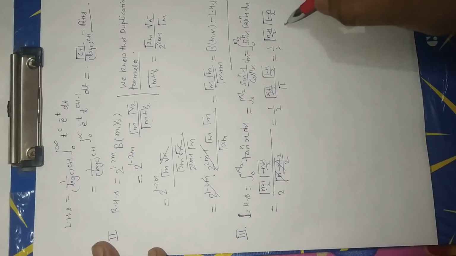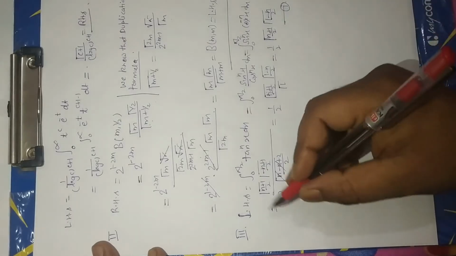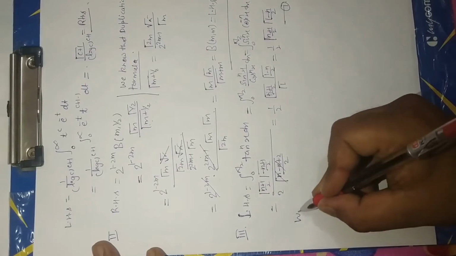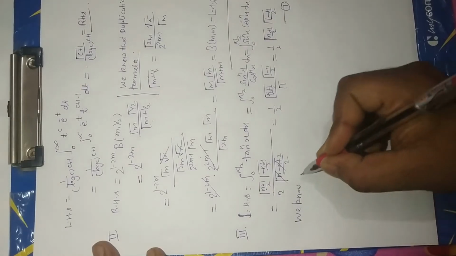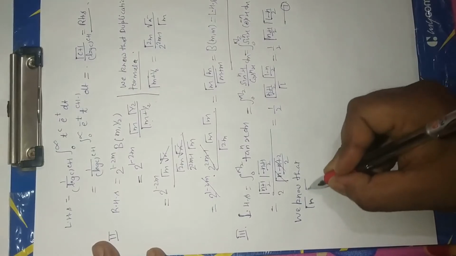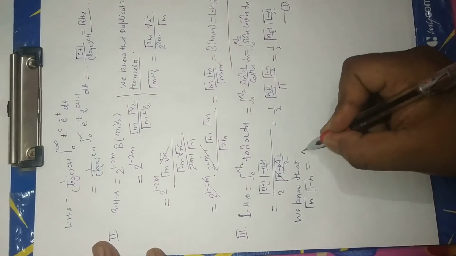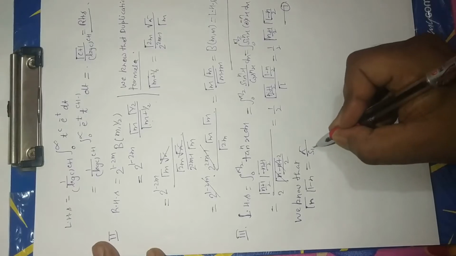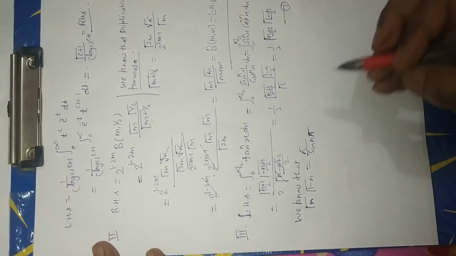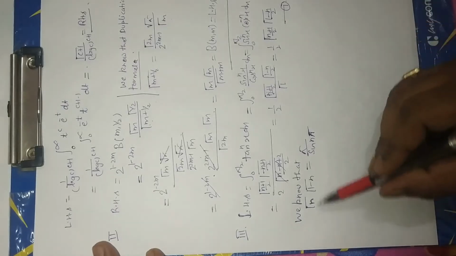Now 1 upon 2, gamma (n plus 1)/2, gamma (1 minus n)/2. This is equal to equation number first, the value of the left hand side. But we know that gamma n, gamma 1 minus n equals pi upon sin n pi. This is the important relation.